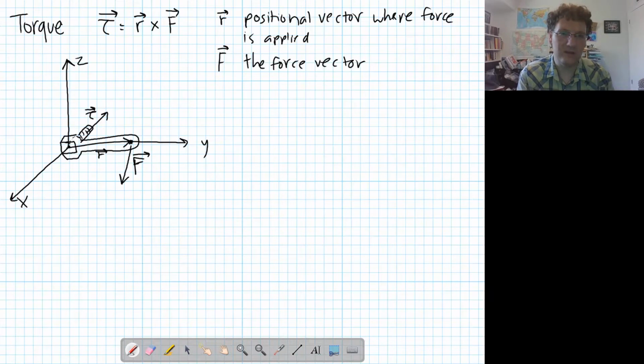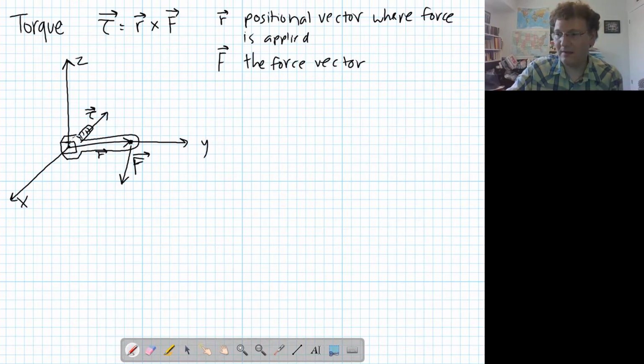The magnitude of the torque is the amount of force applied, and the direction of the torque is where that torque force is going. Hopefully I'm using the terminology of force correctly.